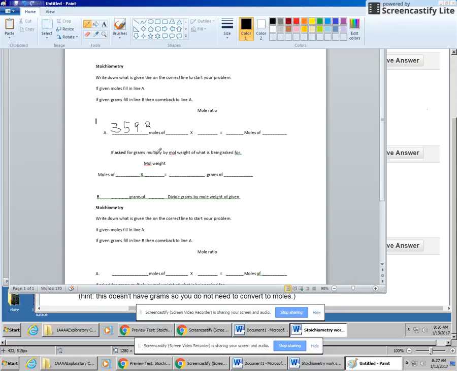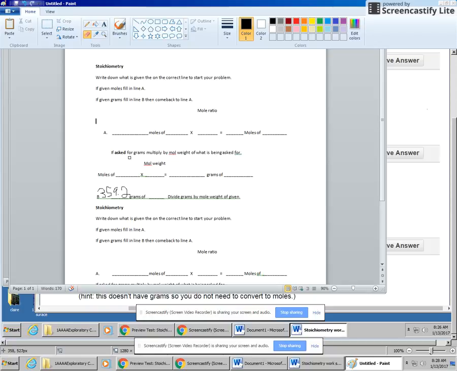If given grams, fill in line B. Here's line B. So we can go to 359.2. And the only reason I did that is because it says right in the little worksheet, if given grams, fill in line B.